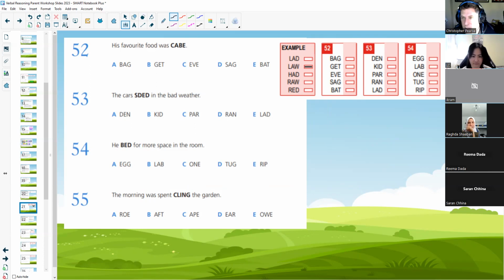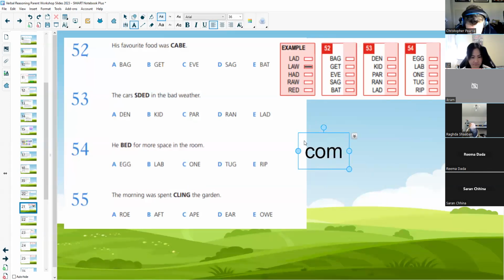And also it's worth, when you're doing spellings with children, actually talking about what we call shy words. So that's kind of words within other words, because that really relates to a question type like this. So if I had the word comfortable, I can see the word for in there.